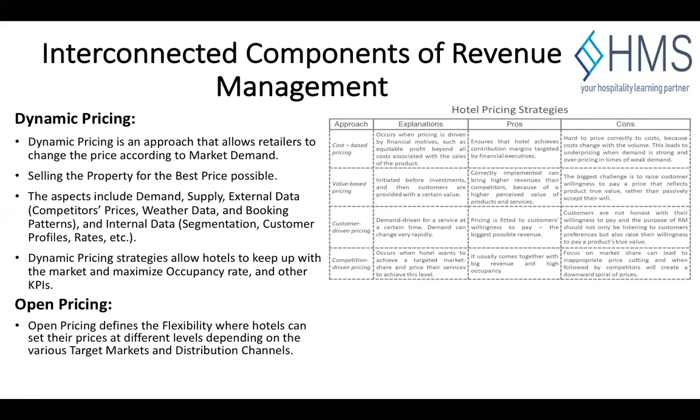Open pricing, on the other hand, defines a flexibility where hotels can set their prices at different levels depending on the various target markets and distribution channels. Now, this is important to understand because there are several distribution channels, and between hotels and OTAs there's a marginal price fluctuation between the two rates. Say for example, if I would like to stay in the city of Kolkata, and one of the best luxury hotels would be the JW Marriott Hotel.